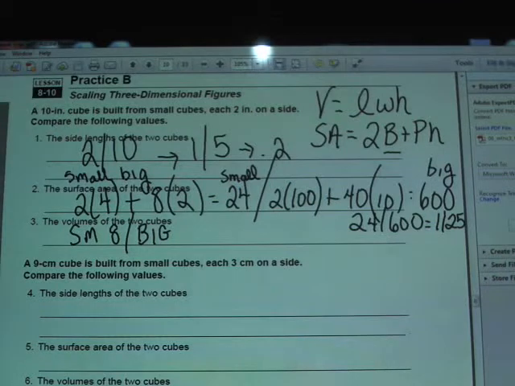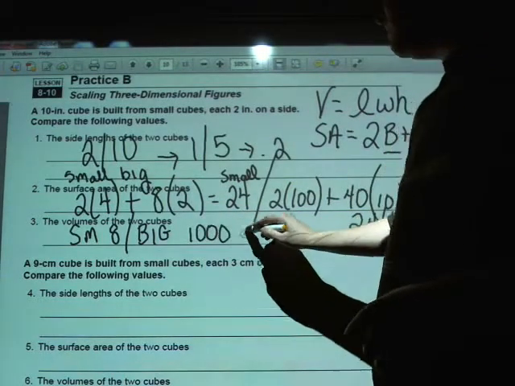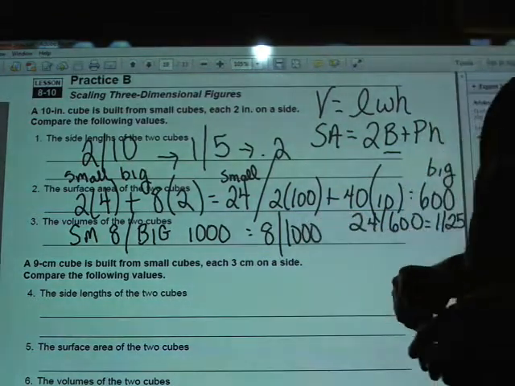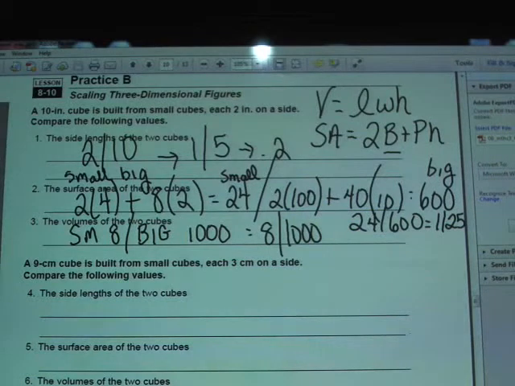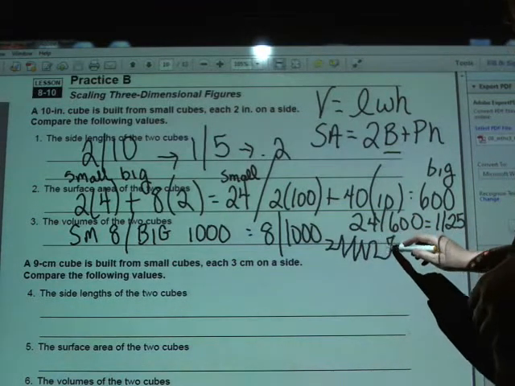Well, 10 times 10 is 100, times 10 again is 1,000. So we're comparing 8 over 1,000 here. Obviously that's not going to reduce down to 1/5 like we saw in number 1, but we can make the top number go to 1 by dividing by 8. So to divide the denominator by 8, that's going to give me 125. So this is 1 over 125.